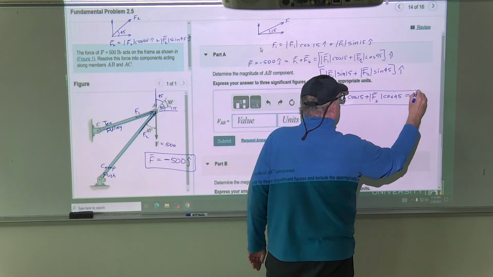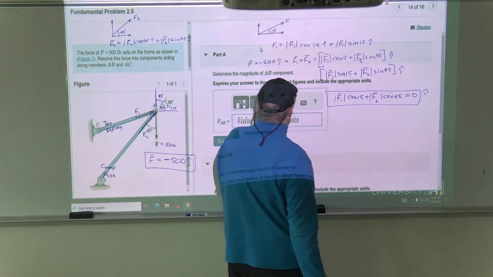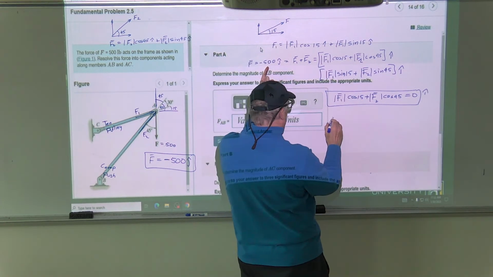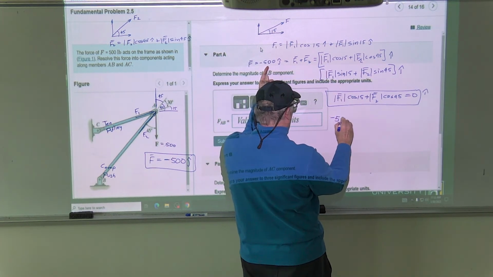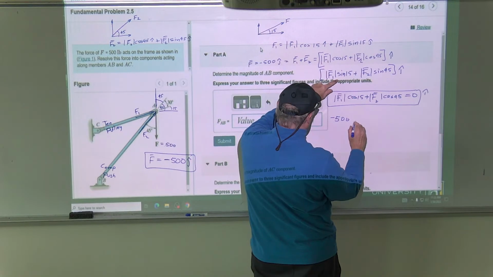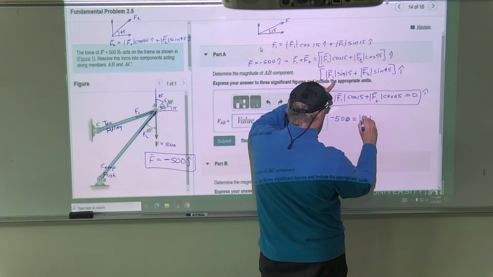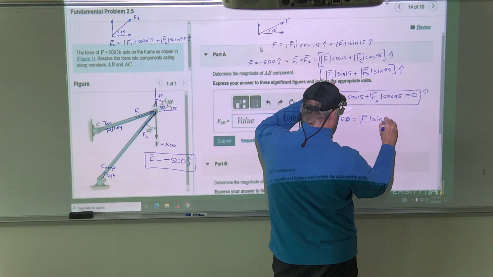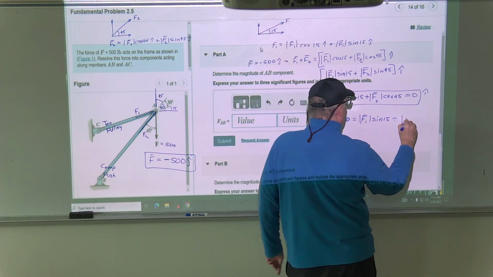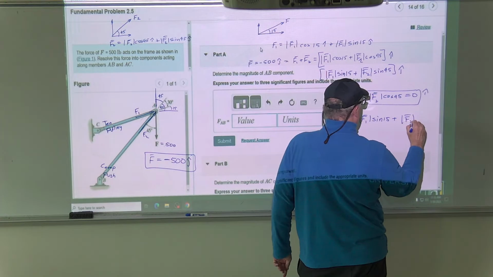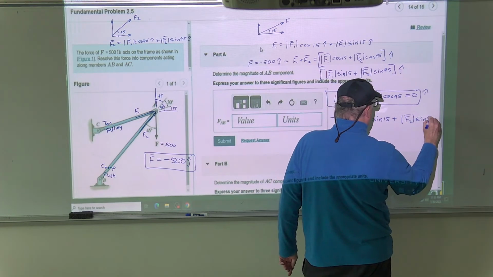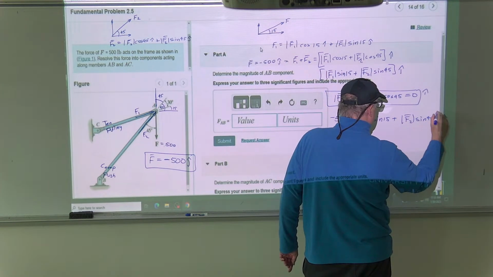That comes from the I equation. From the J equation, you see a minus 500 has got to be equal to F1 sine of 15 plus F2 sine of 45, and that comes from the J equation.